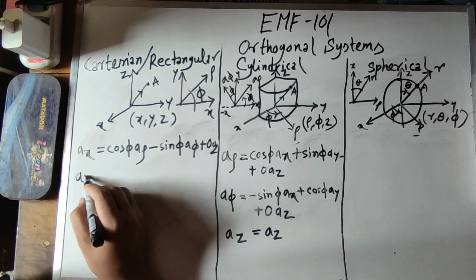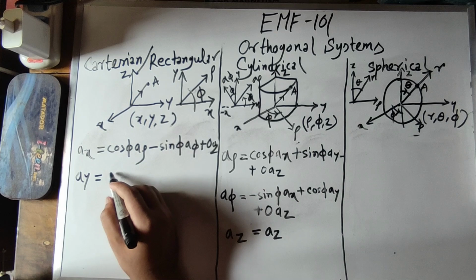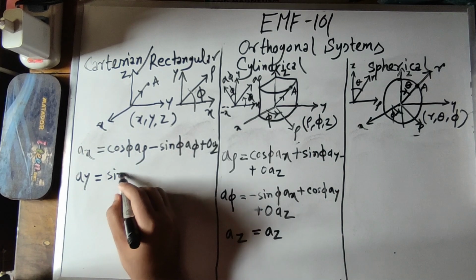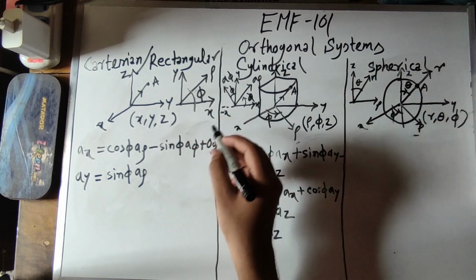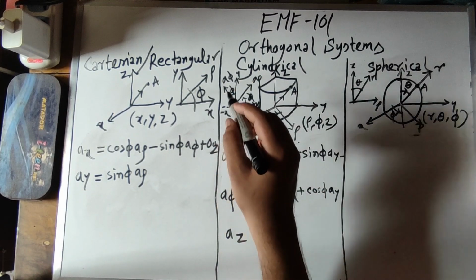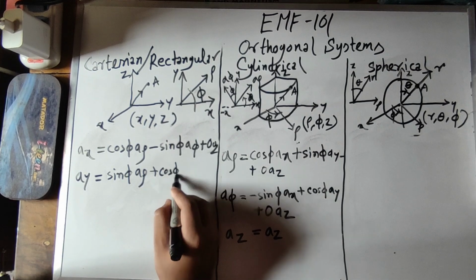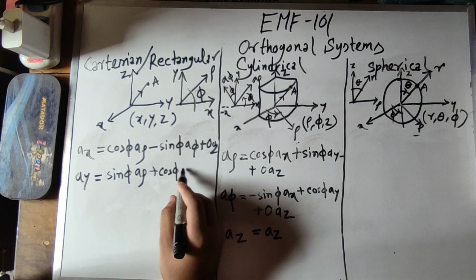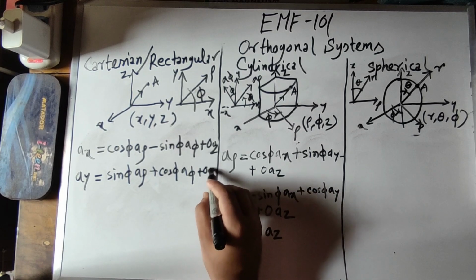Now for ay, it has sine phi component to a row, sine phi a row, and with a phi it has plus cos phi component, cos phi a phi, plus 0 az.